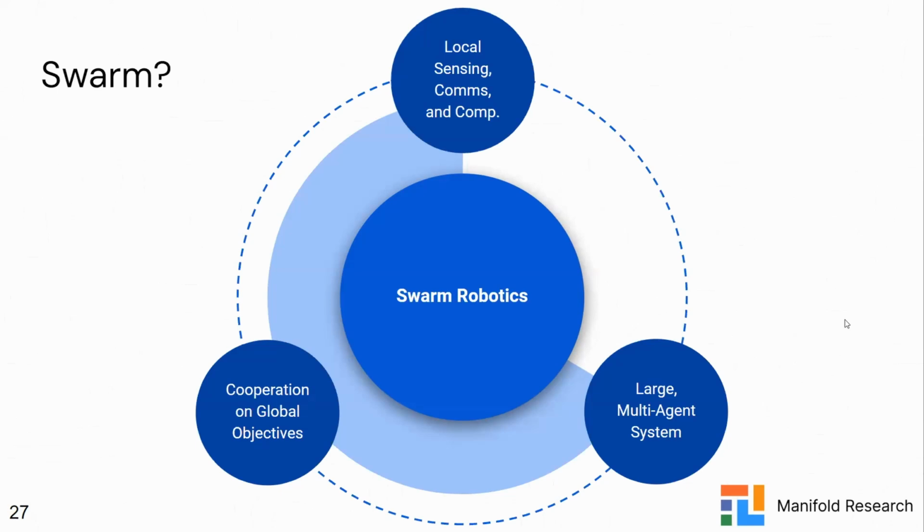And so swarms are a subset of multi-agent systems with three characteristics. They have a large number of agents. These agents are cooperative rather than competitive, and they exclusively do local sensing, communication, and computation only. Next slide.